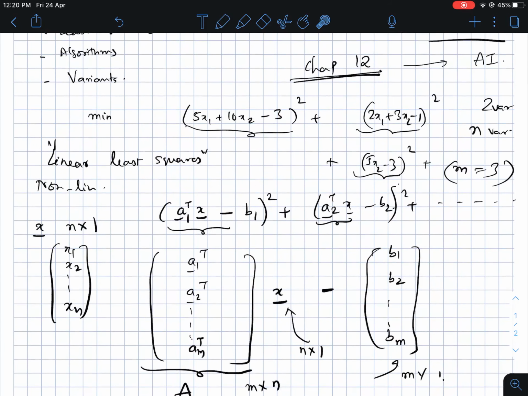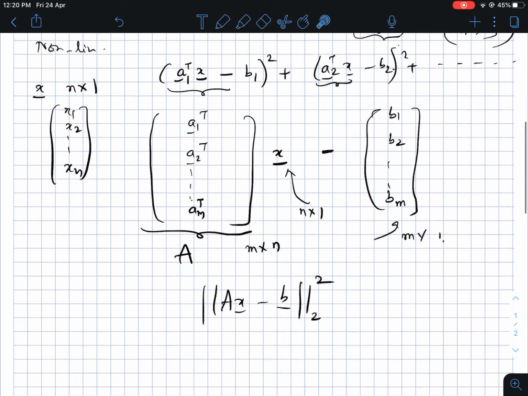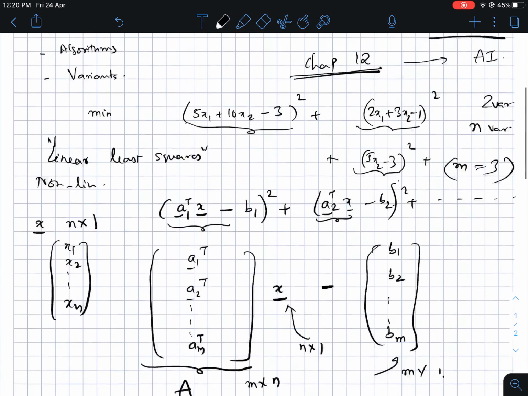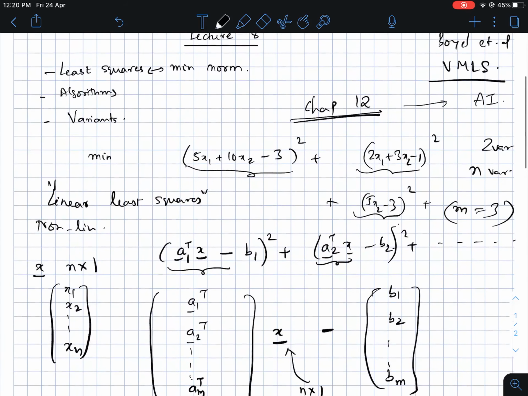Whenever you have any expression of this type, it can be written like this, norm of Ax minus b whole square, and it's often of interest to find the smallest value of such an expression. What will be the smallest value of an expression like this over all possible values of the variable x? That's why it's called least squares.